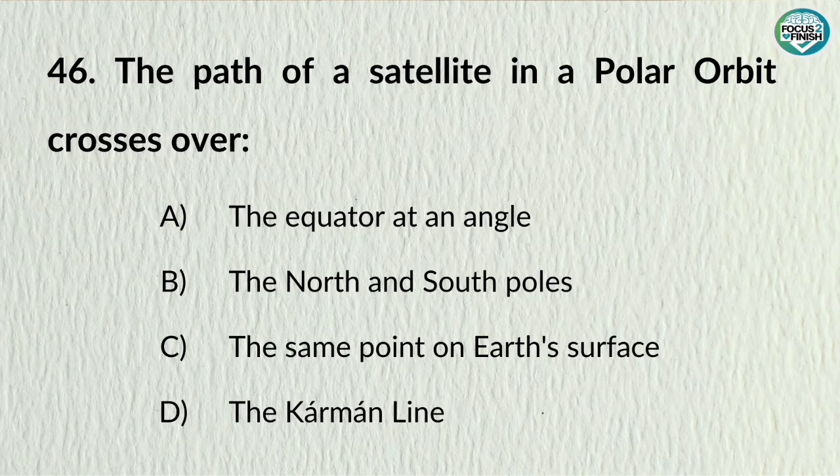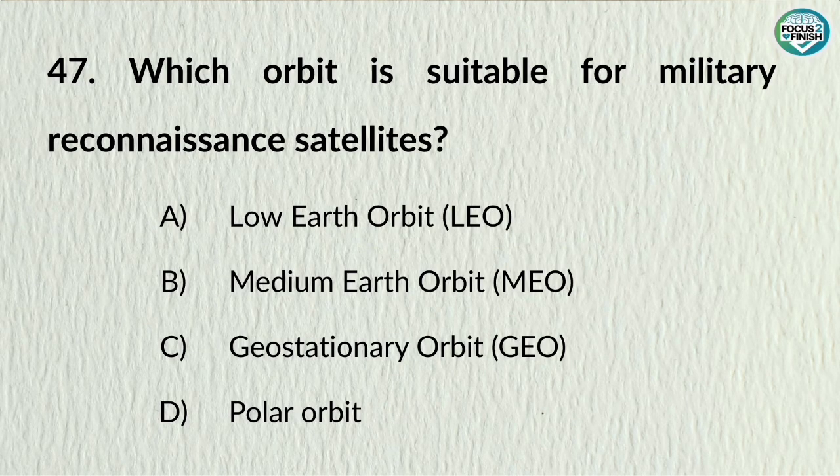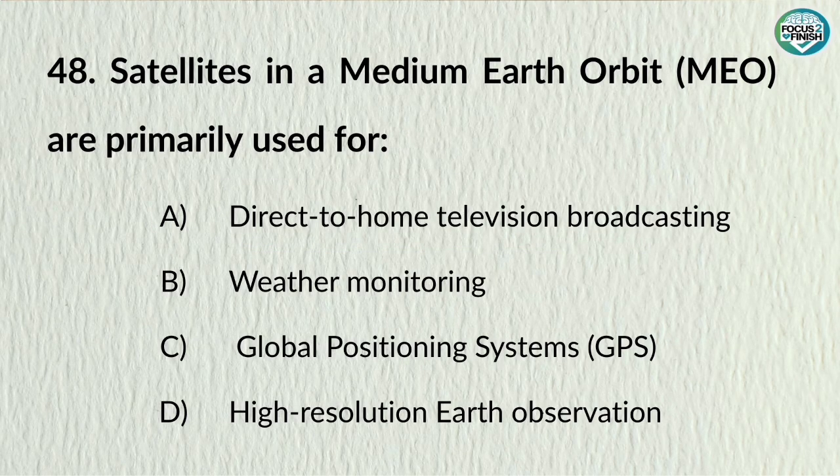46. The path of a satellite in a polar orbit crosses over? Answer: the north and south poles. 47. Which orbit is suitable for military reconnaissance satellites? Answer: low Earth orbit. 48. Satellites in a medium Earth orbit, MEO, are primarily used for?